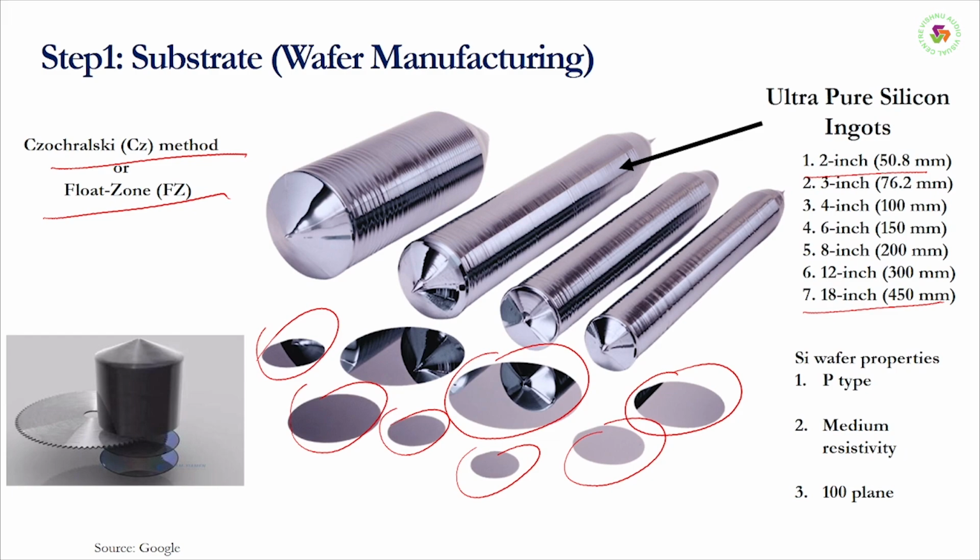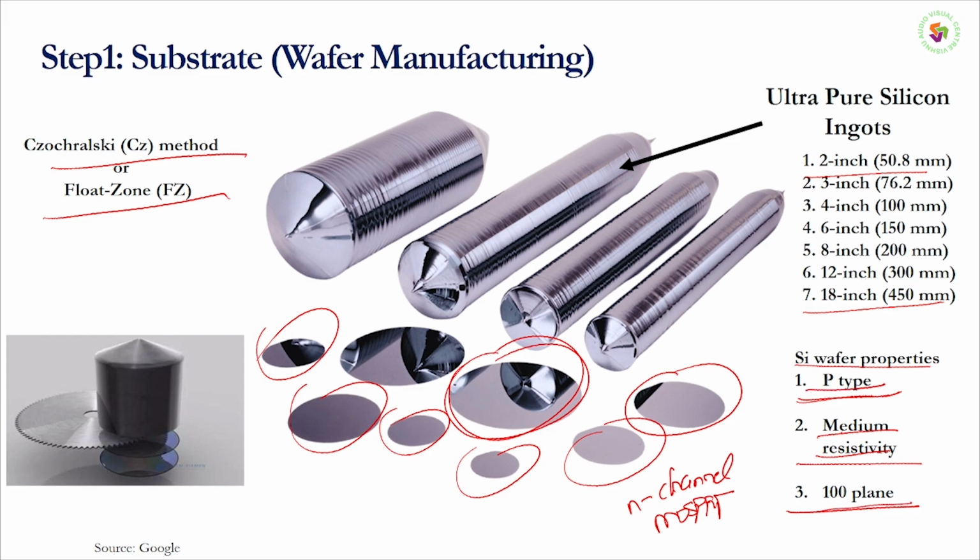It depends upon the application, and the silicon has properties like it's p-type and it has medium resistivity. At the same time, it has the 100 plane. So once again I am telling, the silicon wafer properties to fabricate an n-channel MOSFET. So you need to select a p-type substrate, and it has a medium resistivity and a 100 plane.